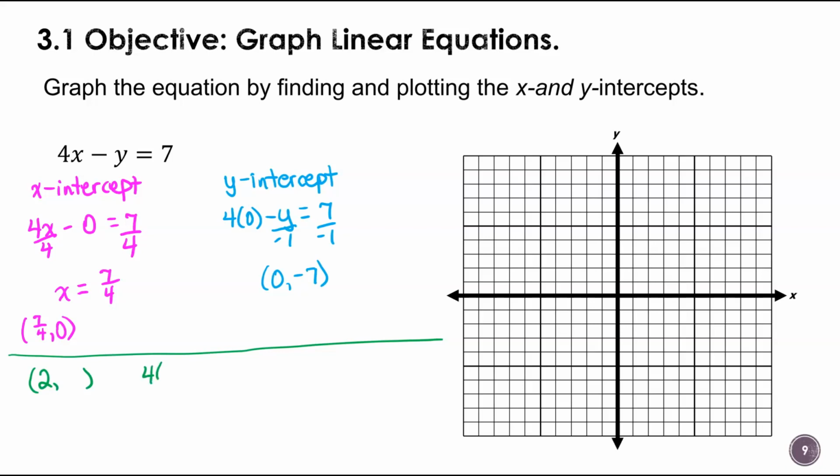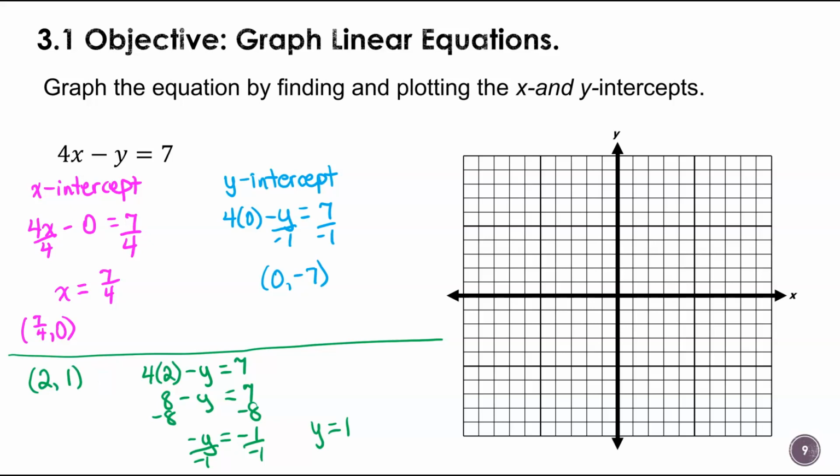So I have 4 times 2 minus y equals 7. And this is an 8, so I will subtract 8 on both sides. -1y equals -1. And so y is a positive 1. So I have an ordered pair at 2, 1.